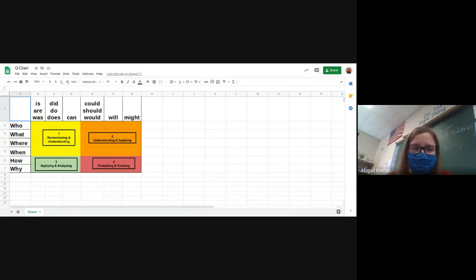Question, answer, quadrant. Okay, so the instructions are, I'm just going to read them to you as I write them. Please use the story, Many Ways to Tell a Story, to make a Q chart question.